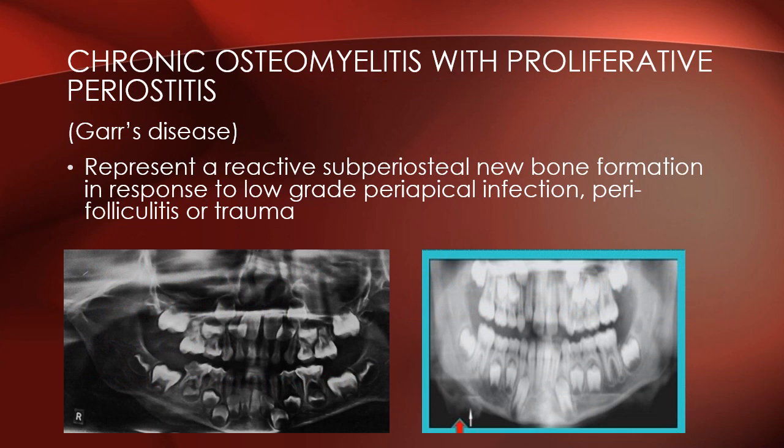Another type of non-suppurative osteomyelitis is chronic osteomyelitis with proliferative periostitis, also known as Garre's disease. This type represents a reactive subperiosteal new bone formation in response to low-grade periapical infection, pericoronitis, or trauma. As in the radiograph below, there is new bone formation in the subperiosteal area of the mandible.